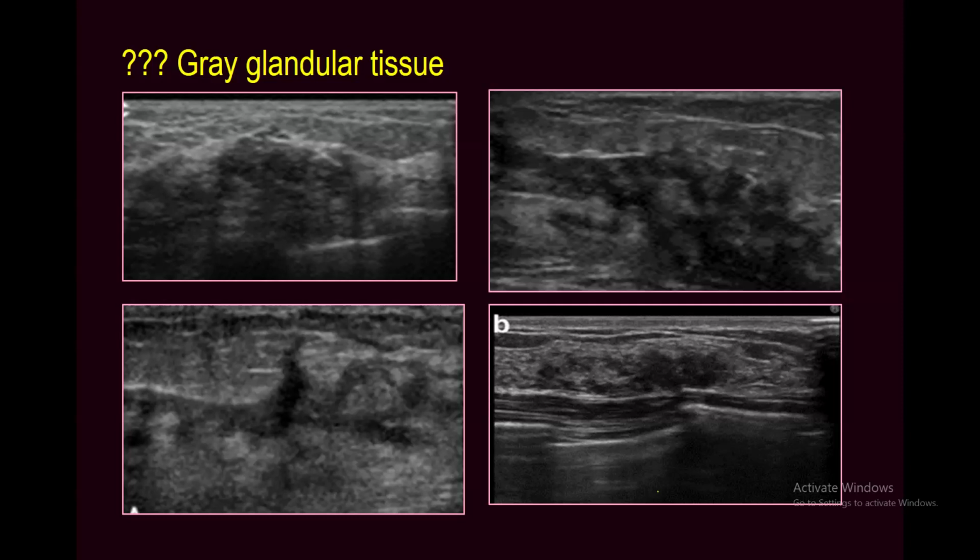clinical correlation and biopsy. But to be honest, some of our colleagues don't accept our reports. That is why I invite my colleagues to these lectures, to show them.